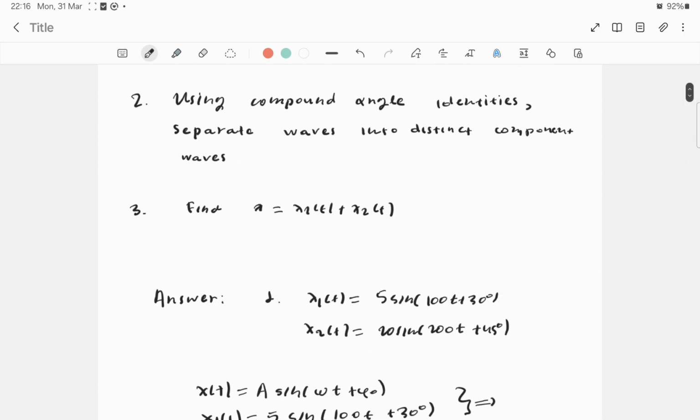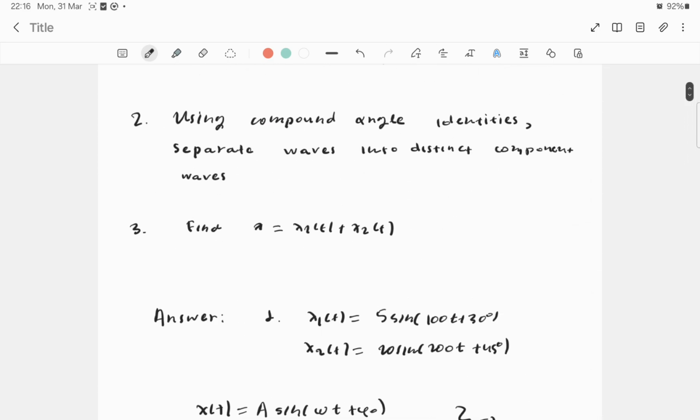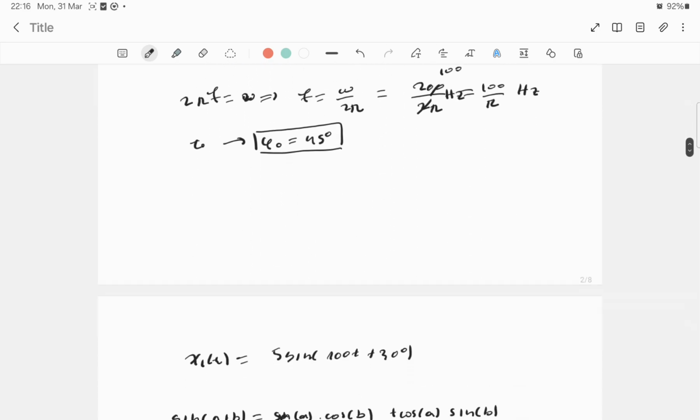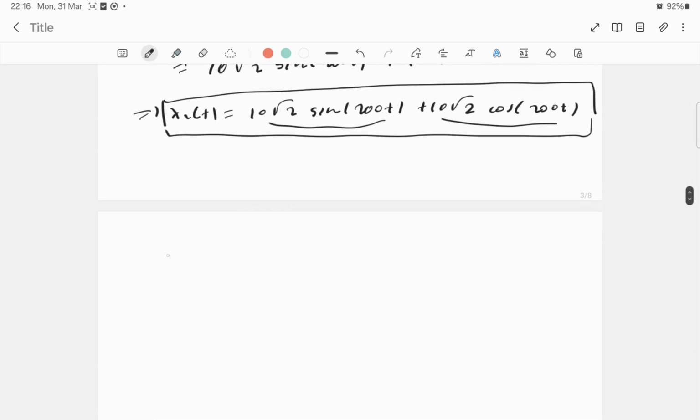And the last question is to find the sum x of t equals x1 of t plus x2 of t.